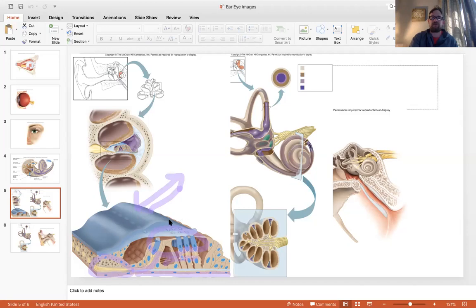So it starts moving, and when it does, it rubs the hair on the hair cells. When the hair on the hair cells is rubbed, that sends a signal to the neurons connected to them. Those signals are collected and then sent to somewhere within the temporal lobe. We mentioned that, I think, in last lab.